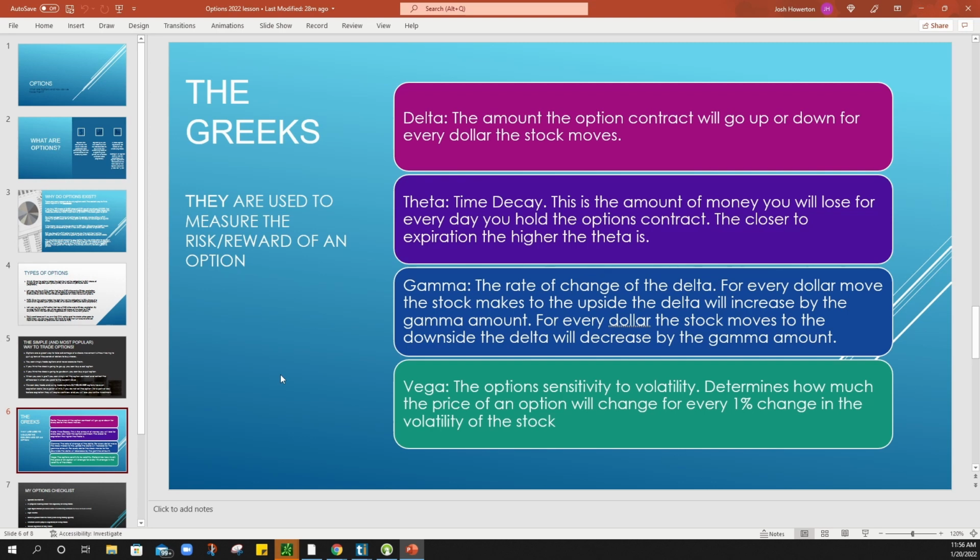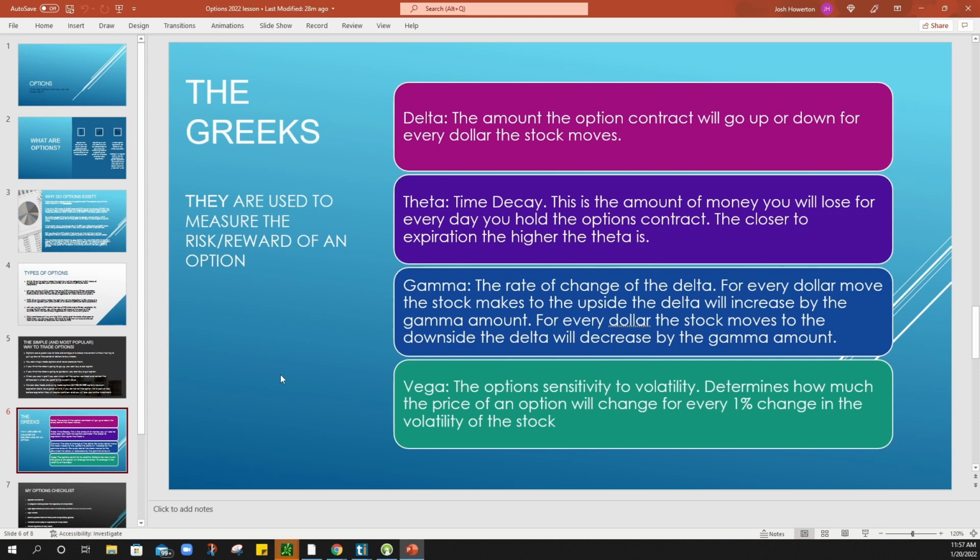Delta. The delta is the amount the option contract will go up or go down for every dollar the stock moves, okay? So if the delta is $30 and the stock goes up $1, the option contract will probably go up right around $30.